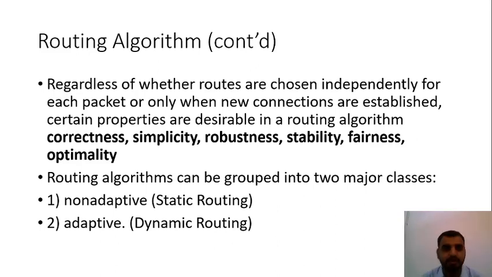In the same way, when it comes to computer networks or routing algorithms, what is the criteria? It should have correctness, simplicity, robustness, stability, fairness in the routing, and also it should be optimal.